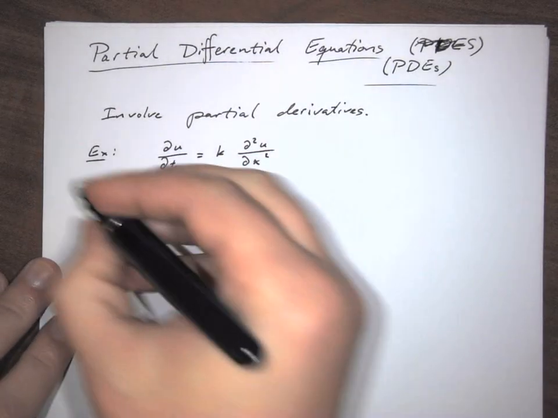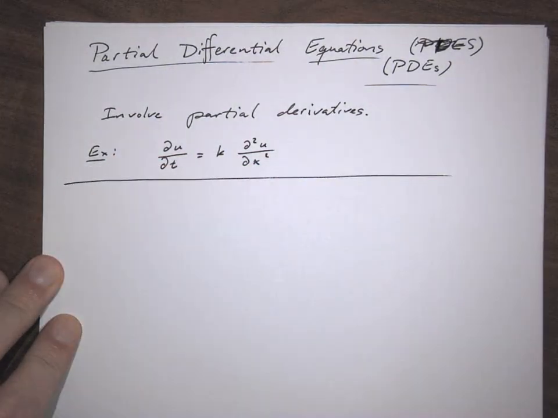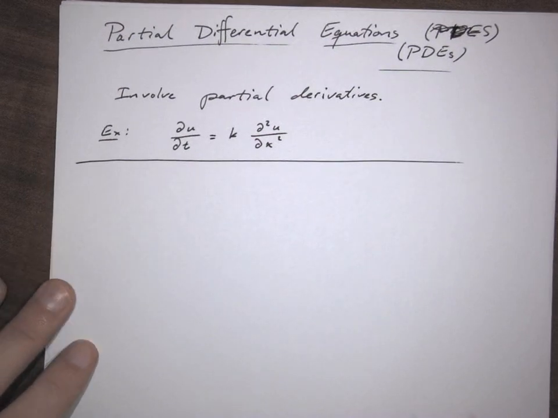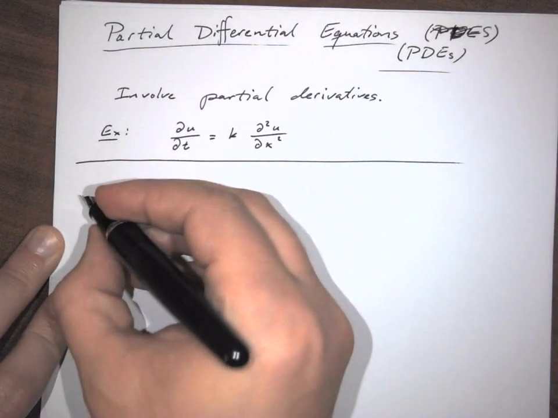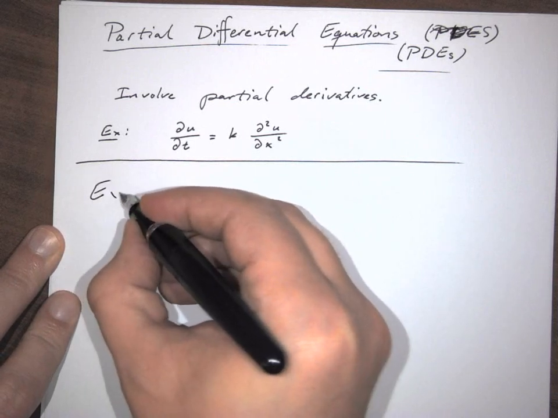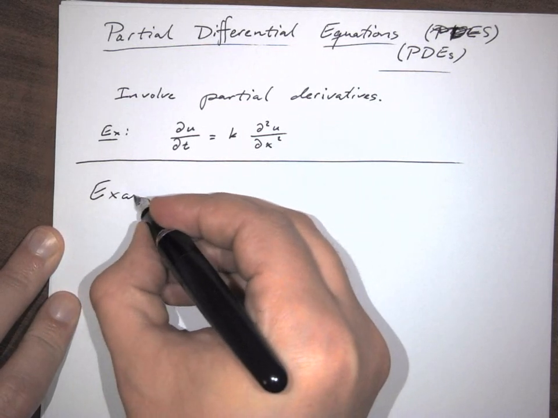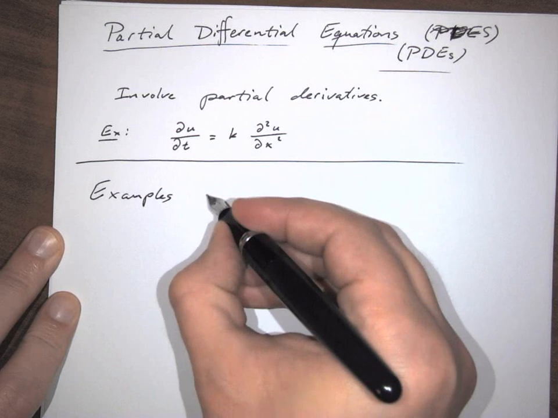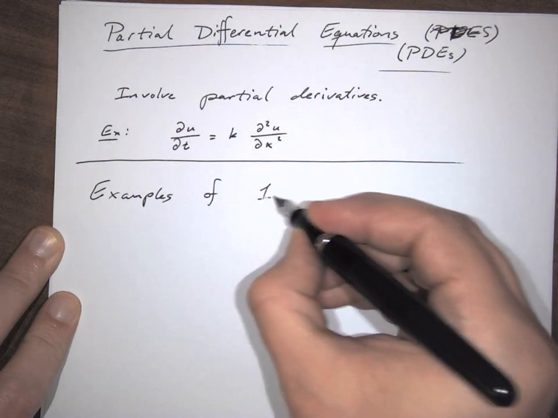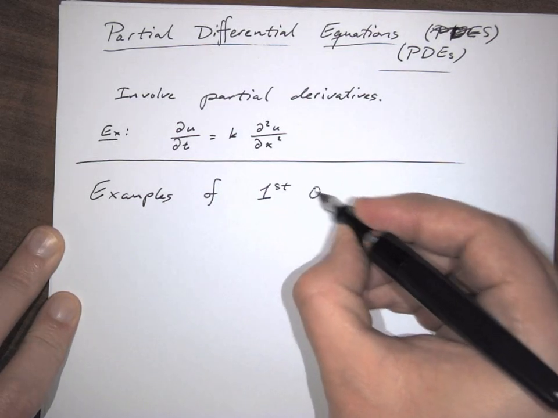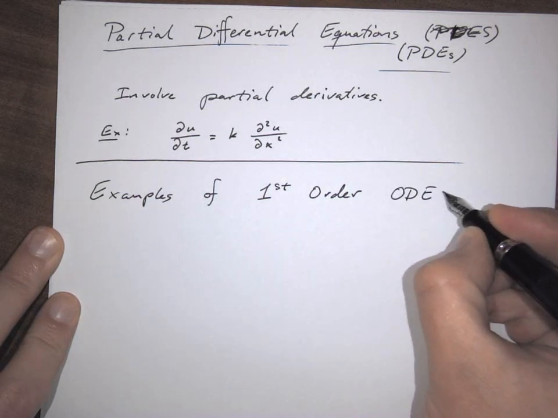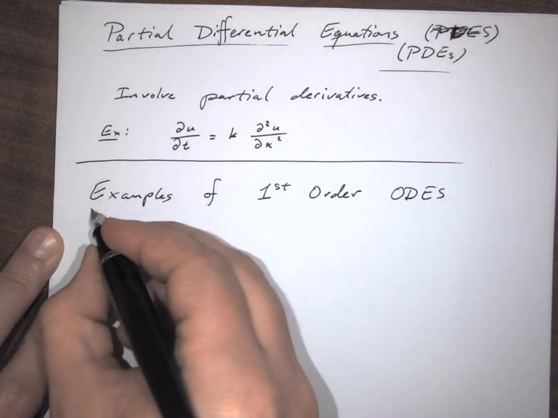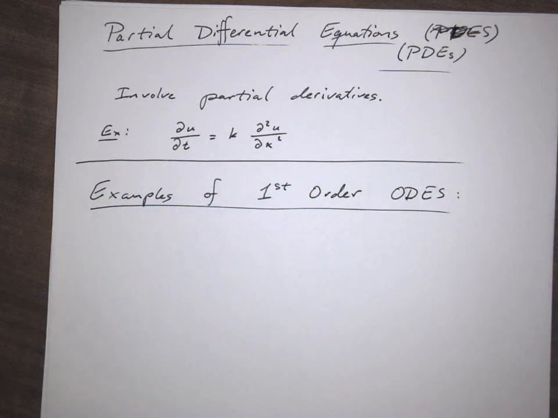So some of the specific examples of ordinary differential equations that we can explore come to us, for example, from physics. So here are some classic examples of first order ordinary differential equations. So that's our game right now.